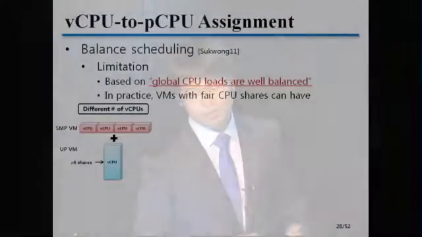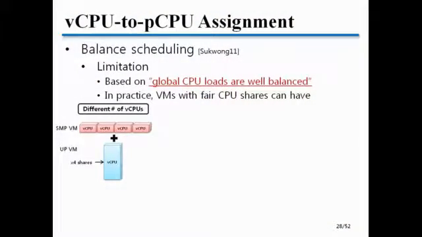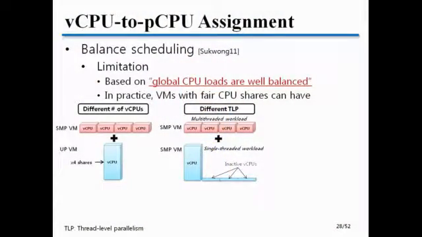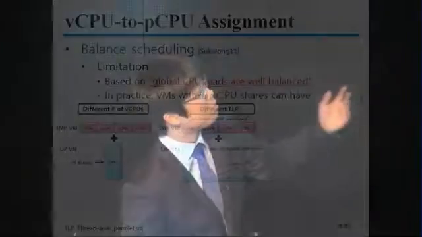But in practice, as you probably know, VMs with equal CPU shares can have a different number of vCPUs, for example, an SMP VM with a UP VM. And even in SMP VMs, the workloads can have different thread level parallelism, for example, multi-threaded workloads plus single-threaded workloads.